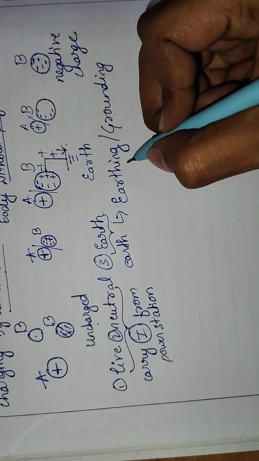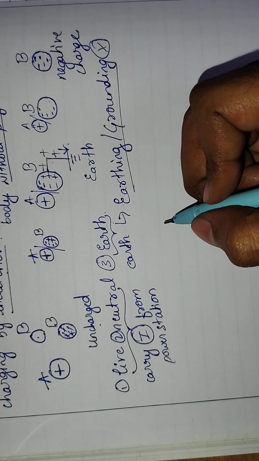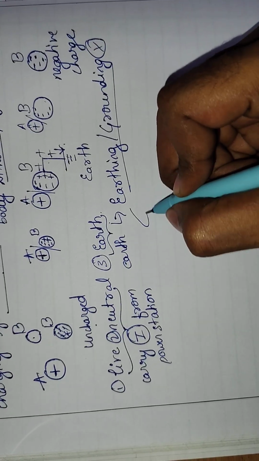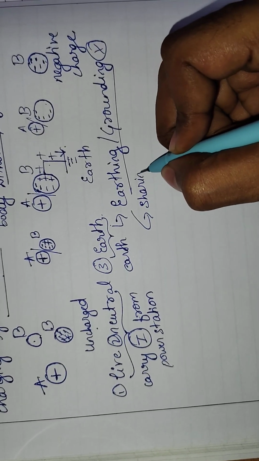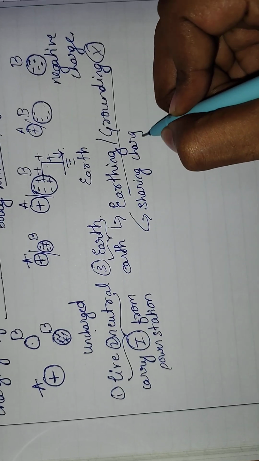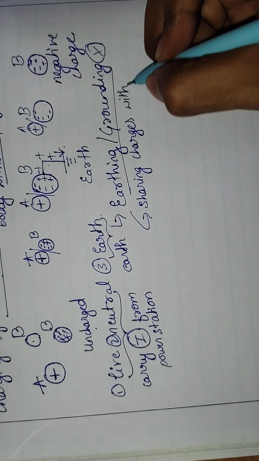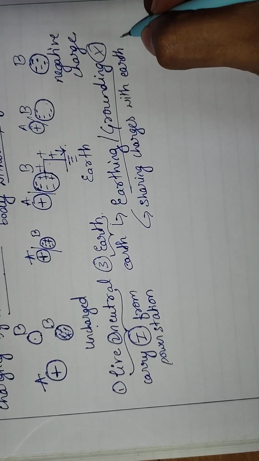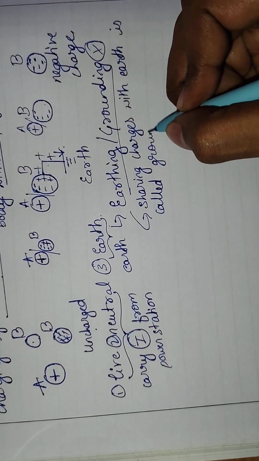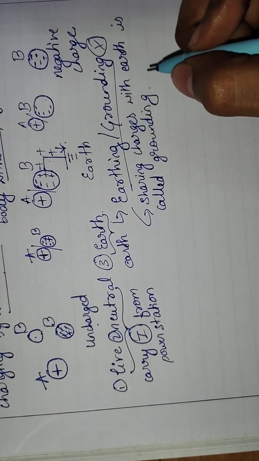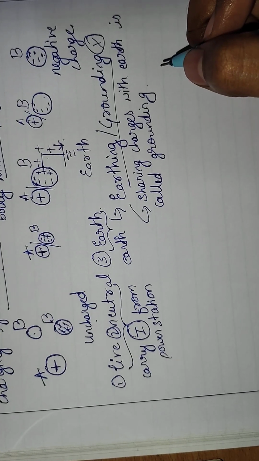They will ask this question in MCQ: what is earthing or grounding? The definition is: the process of sharing charges with earth is called grounding. This is an important topic, just remember that.